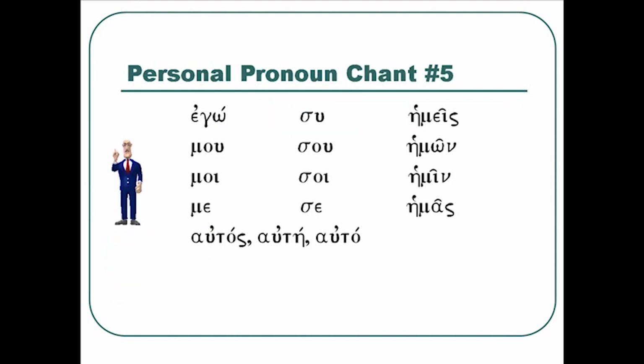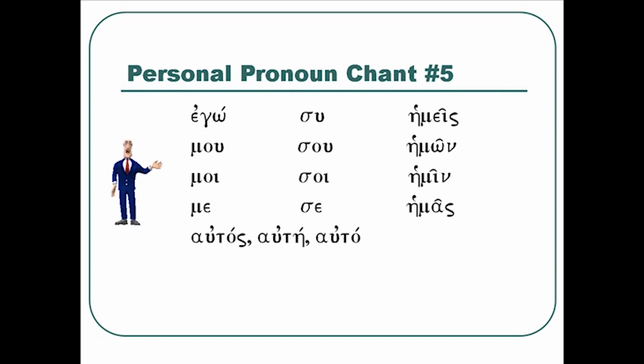Now we're ready for personal pronoun chant number 5. This will cover the first person, second person, and third person personal pronouns. It's kind of like a cow call. So it begins: egō mou moi me, su sou soi se, hēmeis hēmōn hēmin hēmas, autos, autē, auto. Try that again.